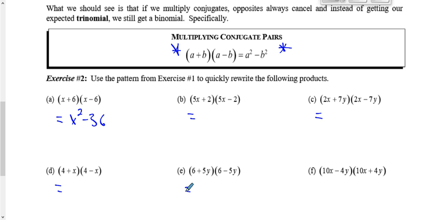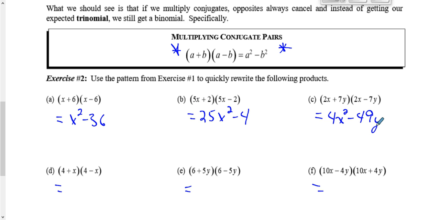Let's see how we do. Okay? Simple one step for each one of them. Get 25x squared minus 4 for B. Yeah. How about for C? 4x squared minus 420 squared.